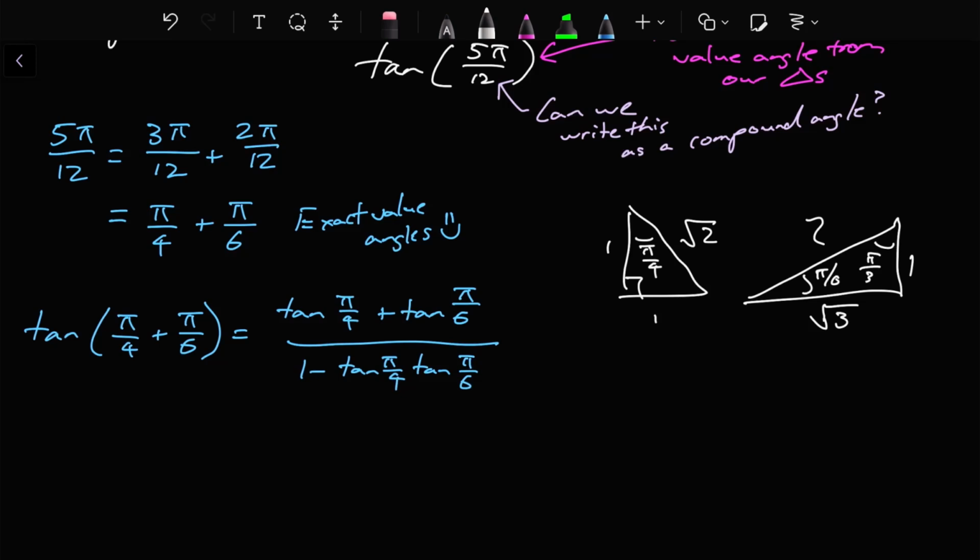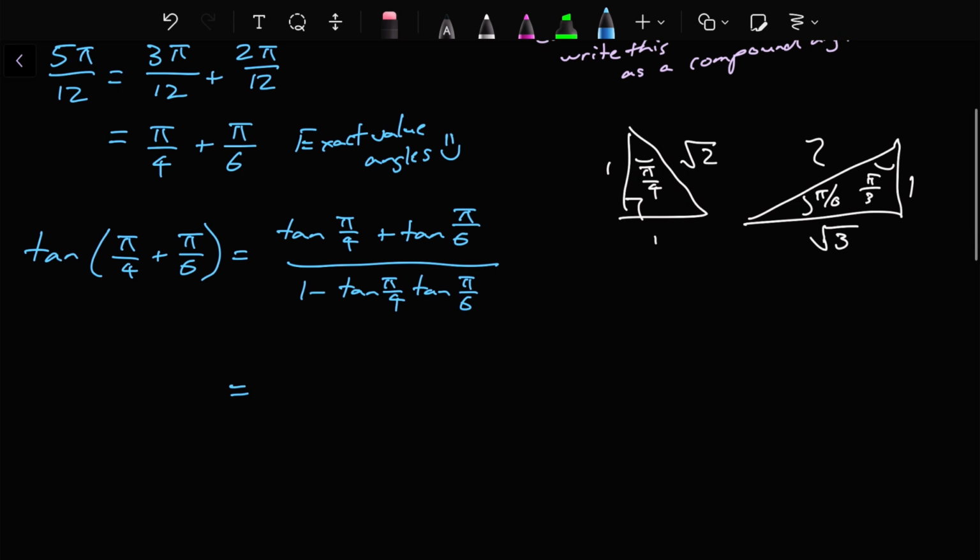Okay, so equals 1 over root 2. No. Getting it wrong straight away. 1 plus tan of pi on 6, plus a half.